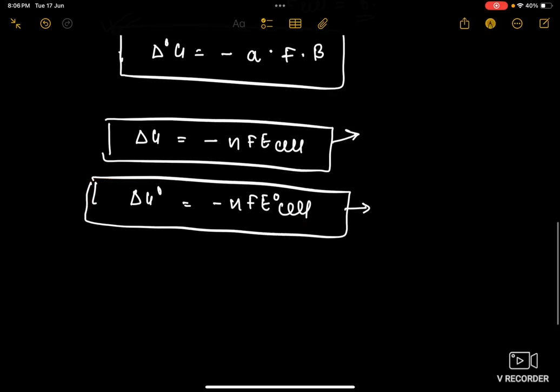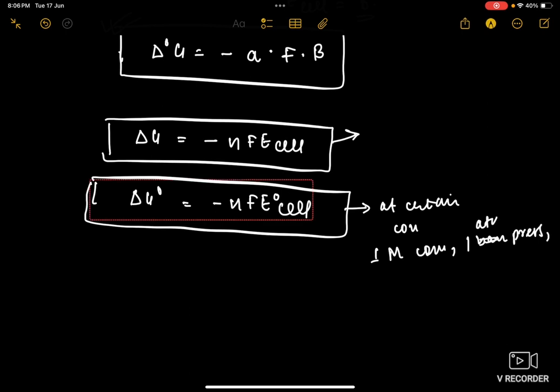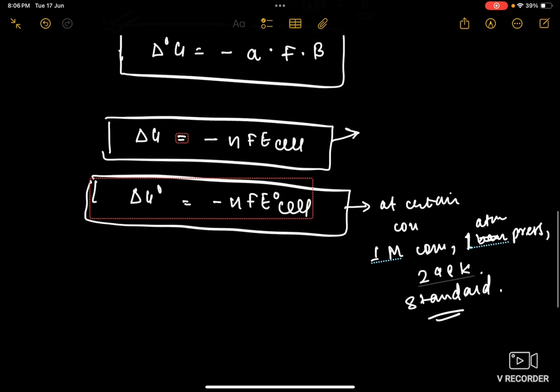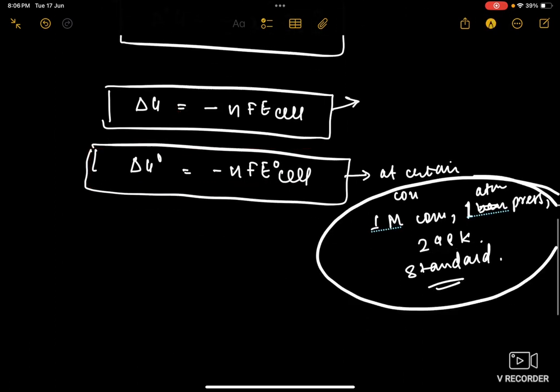I mean to say that at certain conditions, like 1 molar concentration, 1 bar or 1 atm pressure, and at 298 Kelvin, this is standard, whereas this is not standard. Well, if the conditions are not these, then it becomes not standard.